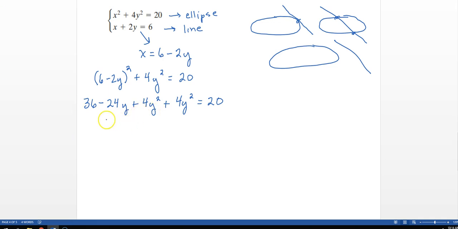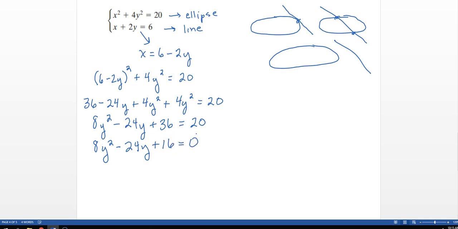Adding like terms here, we get 8y squared minus 24y plus 36 equals 20. Subtracting the 20 from both sides, 8y squared minus 24y plus 16 equals 0. And we can simplify this equation even more by dividing every term by 8.